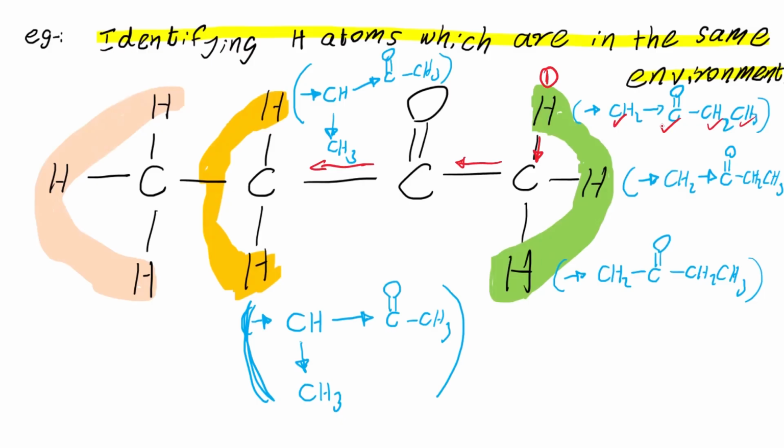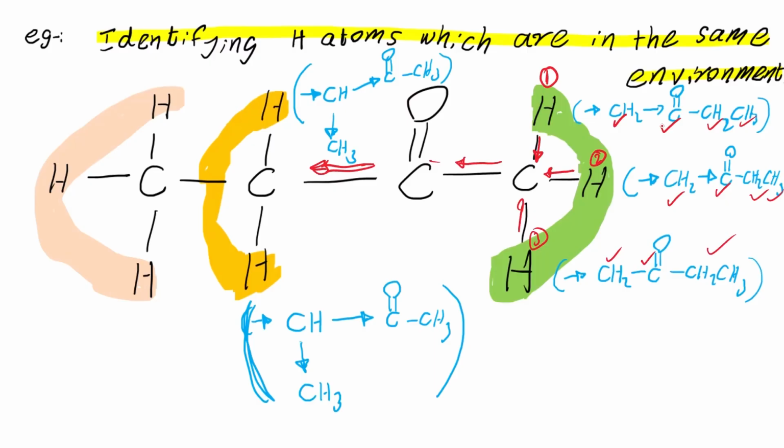Okay. Let's take number 2. This hydrogen atom is attached to a CH2 group. That CH2 group is attached to a carbon-oxygen double bond, and that is attached to a CH2 CH3 group. Then the third hydrogen. This hydrogen is attached to again a CH2 group, attached to a carbonyl group, attached to a CH2 CH3 group.